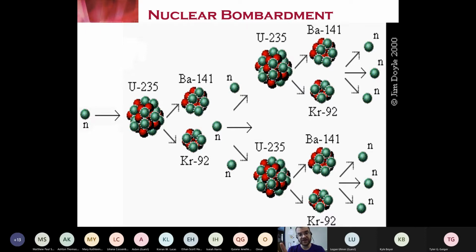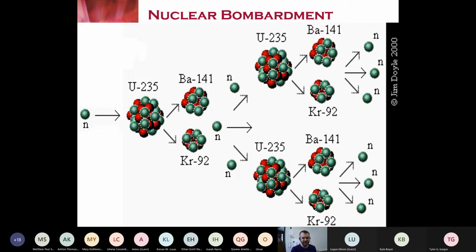This is like my favorite picture. I really thank Mr. Doyle for making this because it really goes over how this is most effective. As you can see here, the neutron smacks into a U-235 and it splits apart into barium 141 and krypton 92.